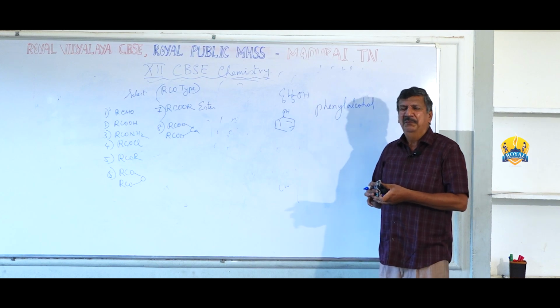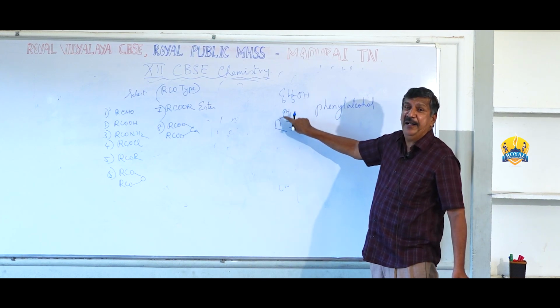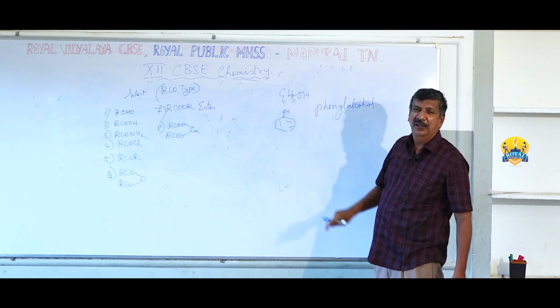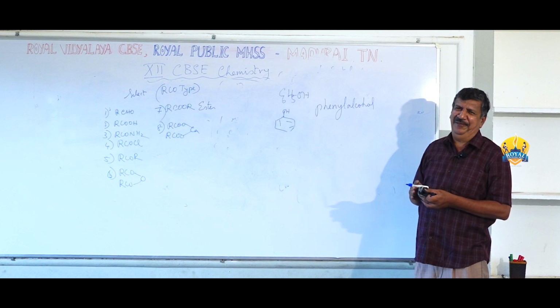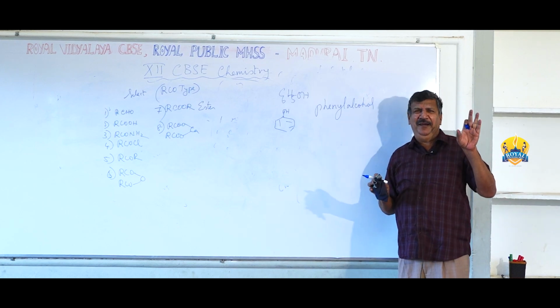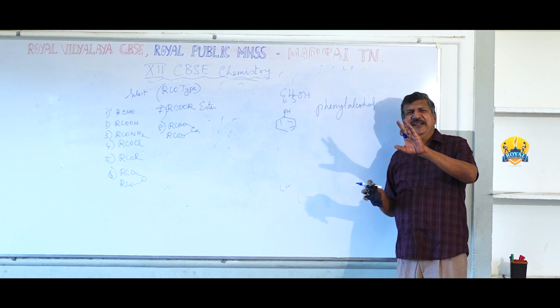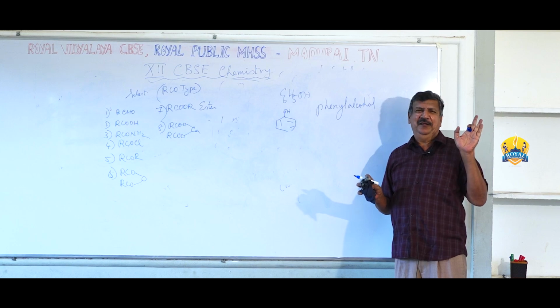Why? Because the OH is directly attached to the benzene ring. So what do they decide? They want to change the name, but they don't want to change it completely. Slightly they change the name. That is very good, I like it.